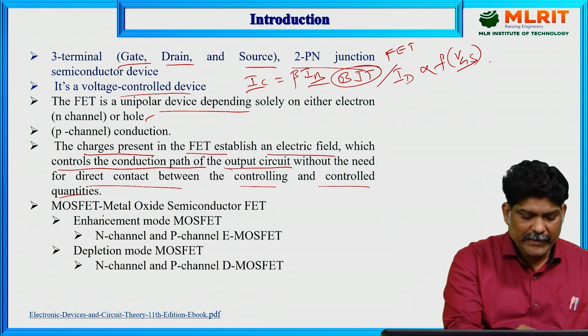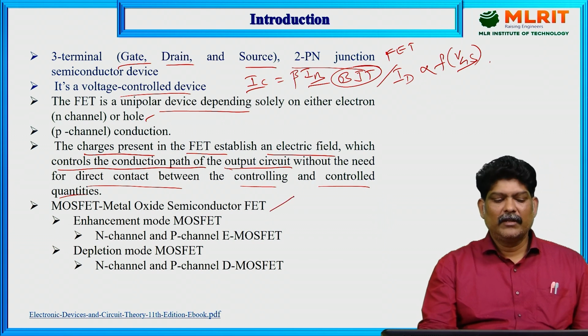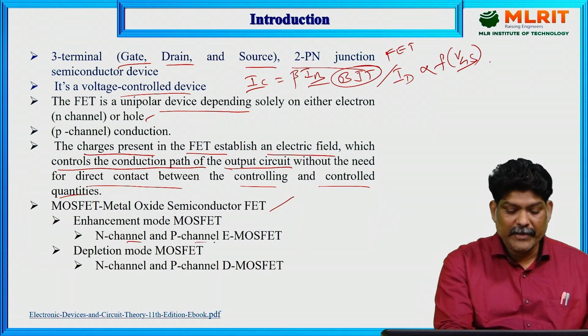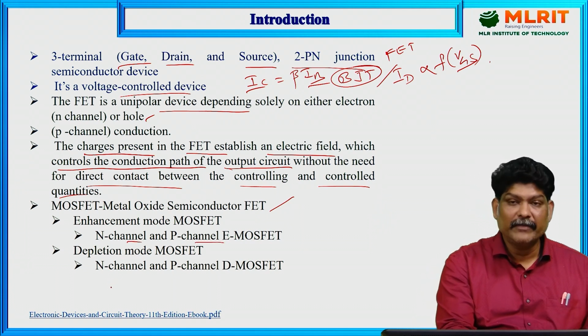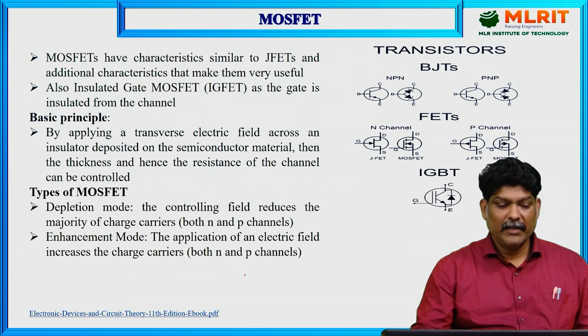So MOSFET, metal oxide semiconductor FET, can be classified into two types: enhancement mode MOSFET and depletion mode MOSFET. The enhancement mode MOSFET can be subdivided into N channel and P channel enhancement mode, and the depletion mode MOSFET is subdivided into N channel and P channel depletion MOSFET.